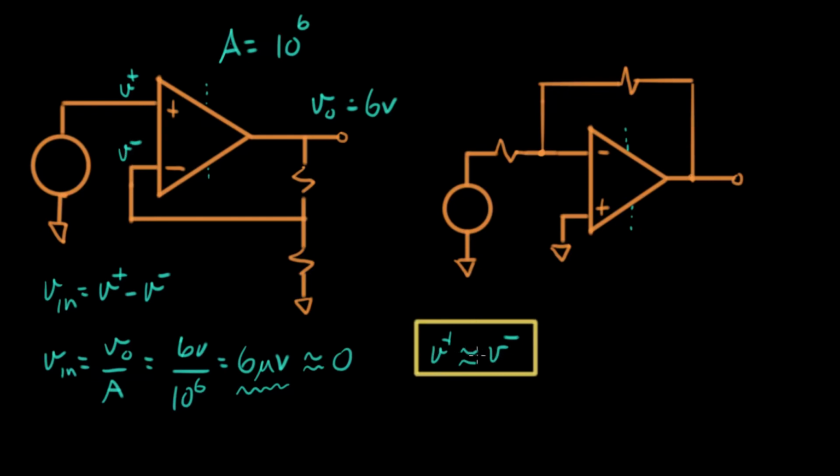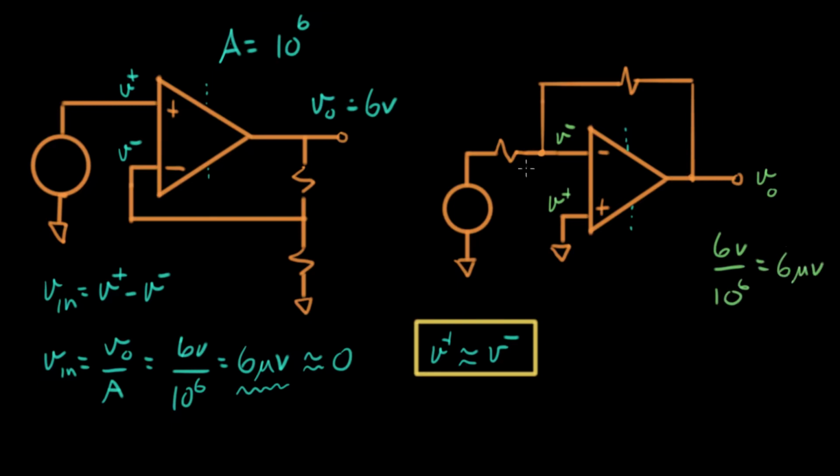So let's take this idea, V plus pretty much equals V minus, and apply it to this circuit over here. This is our inverting configuration for an op-amp. So this is V plus and this is V minus in this circuit. Let's do the same analysis that we did before. If V out is 6 volts, that means V plus minus V minus, divided by 10 to the 6th, equals 6 microvolts.